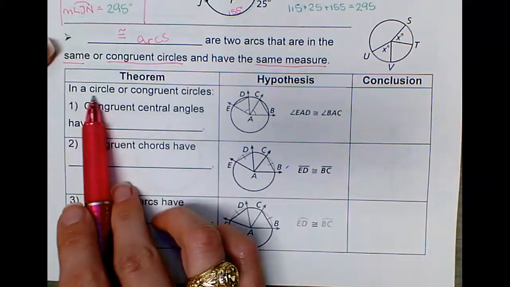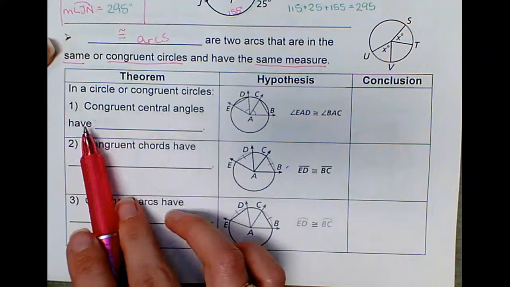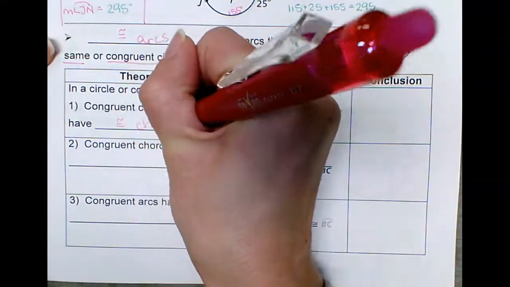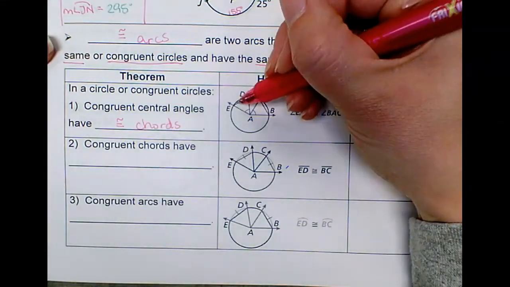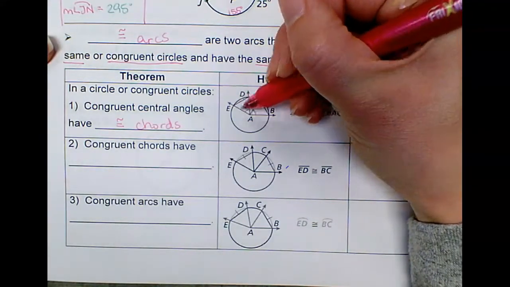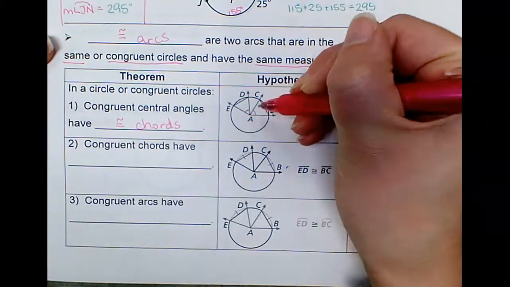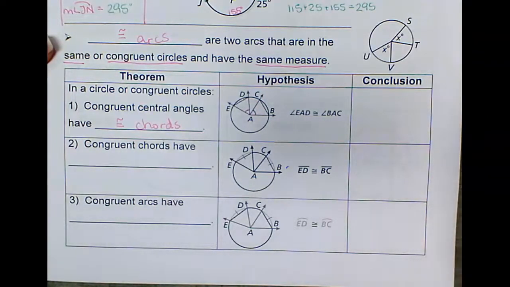So the first theorem: in a circle or congruent circles, congruent central angles have congruent chords. Remember that a chord is a segment with endpoints on the circle. So here, if I have congruent central angles like angle EAD and CAB, notice that they are congruent to each other, then I can say that the chords between those endpoints are also congruent.